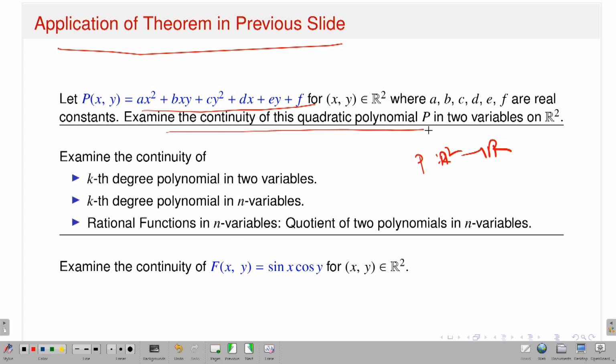Examine the continuity of this quadratic polynomial in two variables in R2. You can easily check it, because each component is a continuous function, and then the sum is a continuous function.